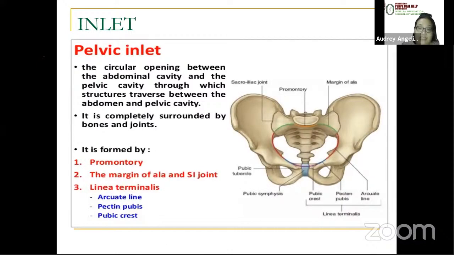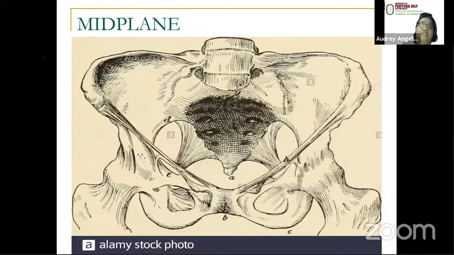So again, this is your pelvic inlet formed by your promontory. This is clinically important because if your inlet is contracted, your diagonal conjugate is less than how many centimeters? 11.5. You cannot proceed with vaginal delivery or you could do an outright cesarean section. Okay, so this is your midplane.